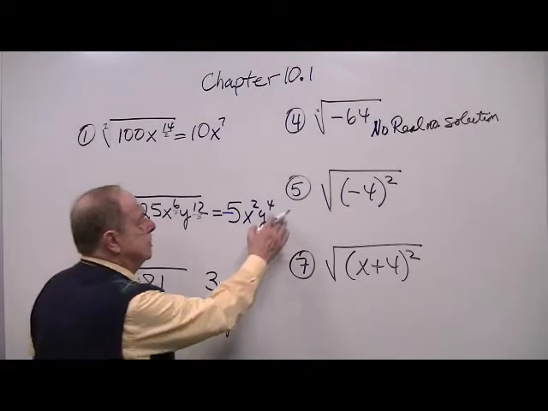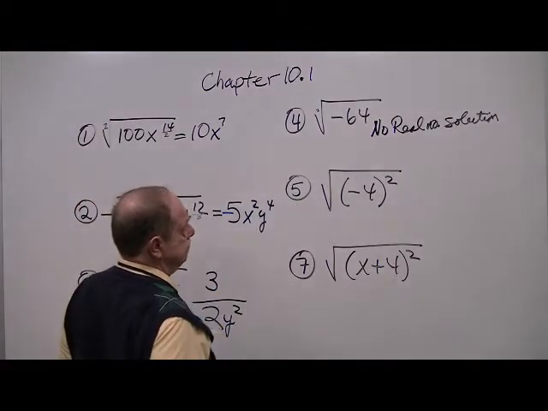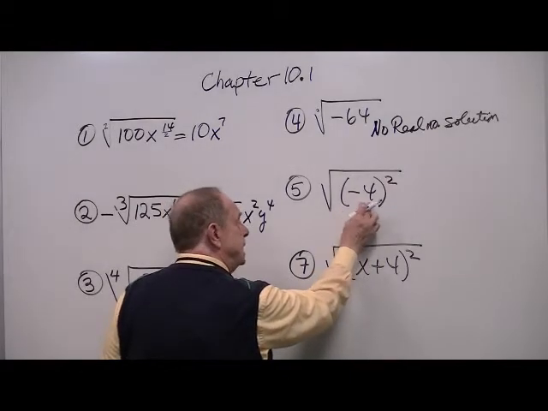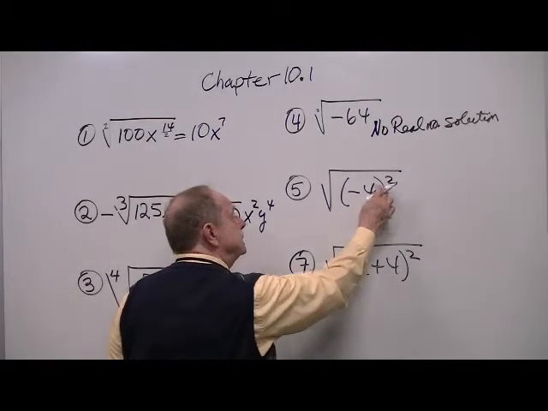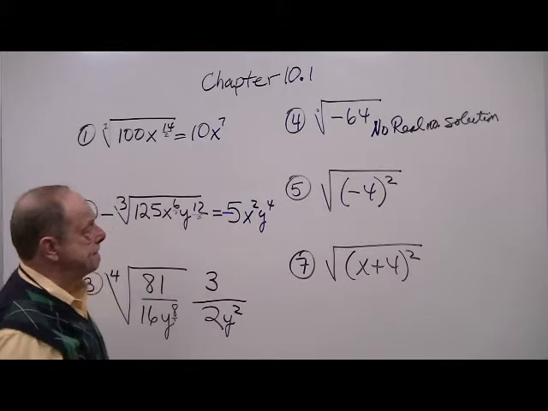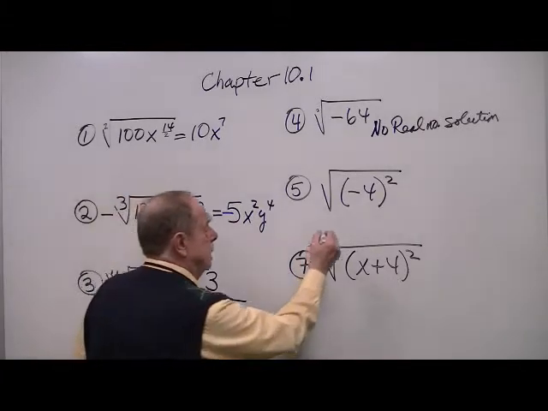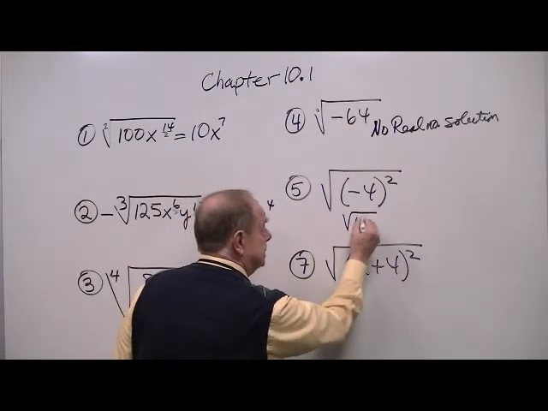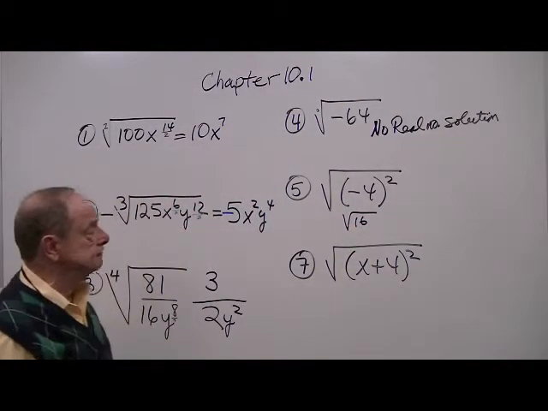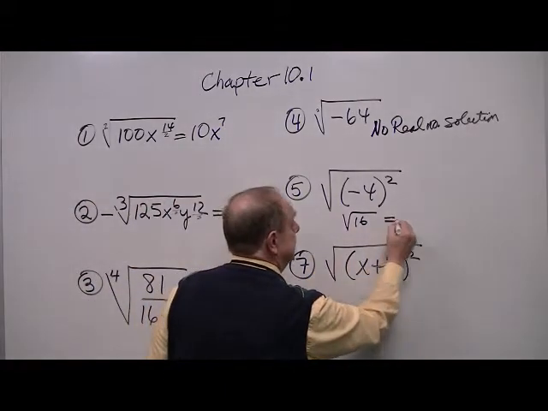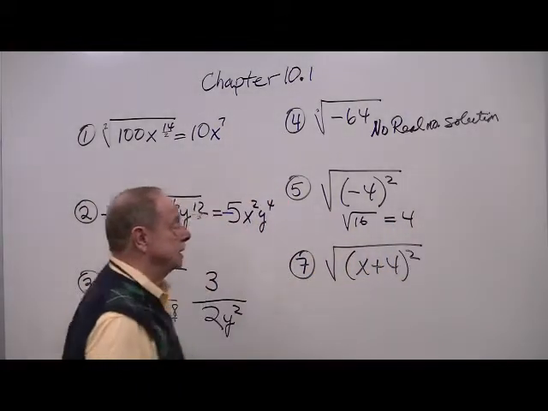Now as we look at number 5, here we see the quantity negative 4 raised to the second power. Now what is that? Well, that's a positive 16, isn't it? And the square root of 16 is 4.